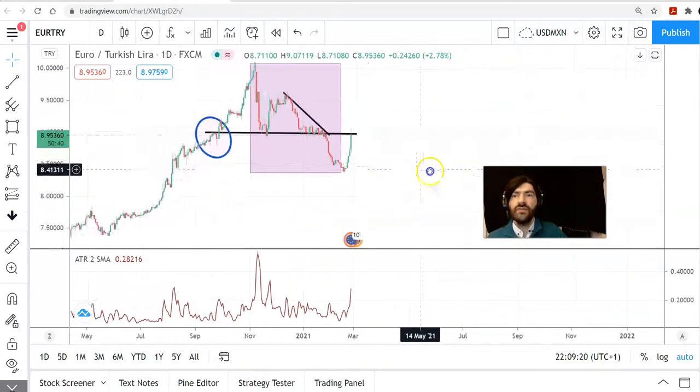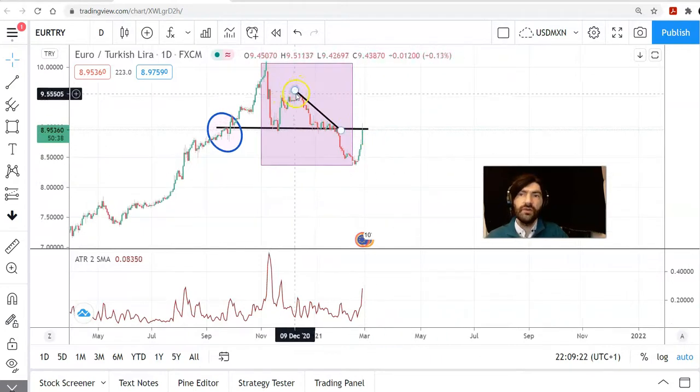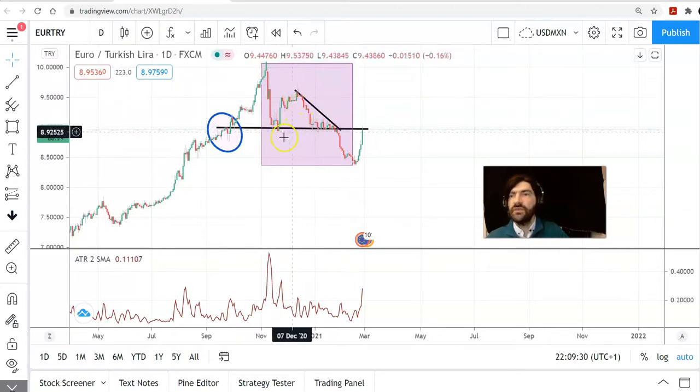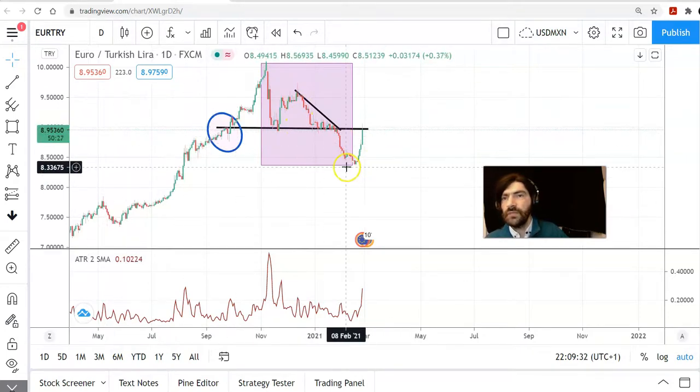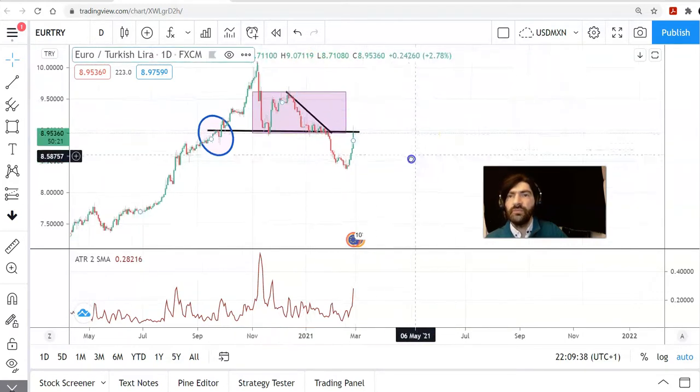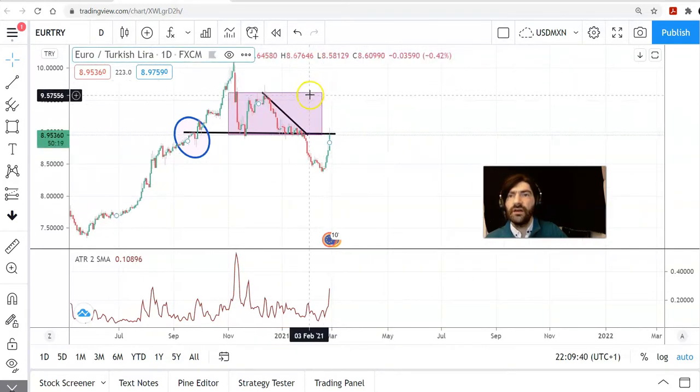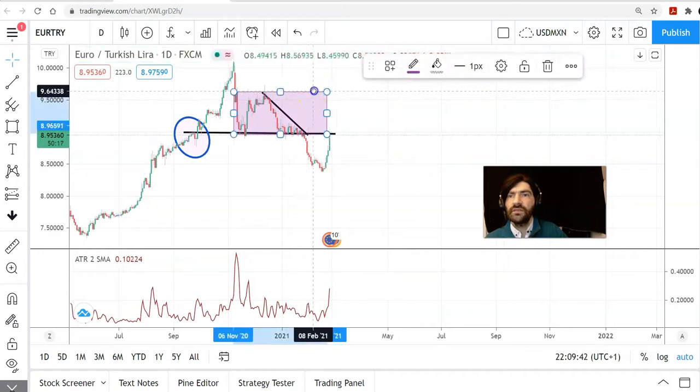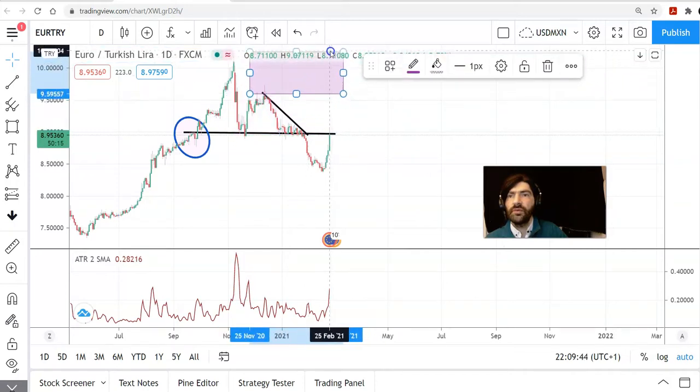How we would trade that then is the move of this triangle here. The triangle could be said to start here really, because that's not truly a triangle. So we would take that and measure it, and basically we would take the height of the base of the triangle and then project that higher. So we take that and move it from that point on.